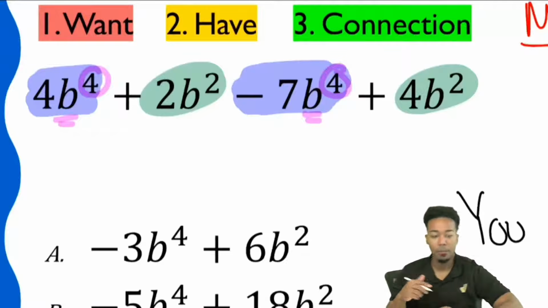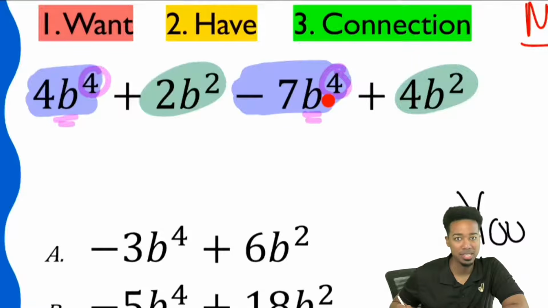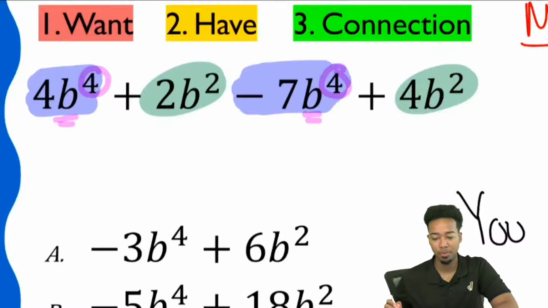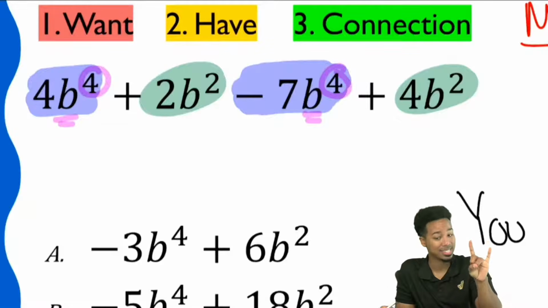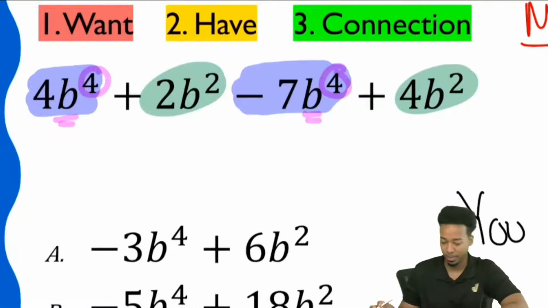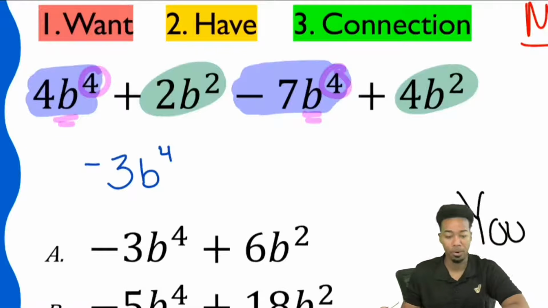So here we are saying 4 of the b to the power of 4 minus 7 of those b's to the power of 4. What is 4 minus 7, my party people? And hint, it's the same as 7 minus 4, just the opposite sign. Negative 3. Yes. So that would be negative 3b to the power of 4.